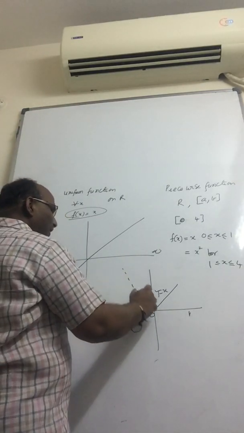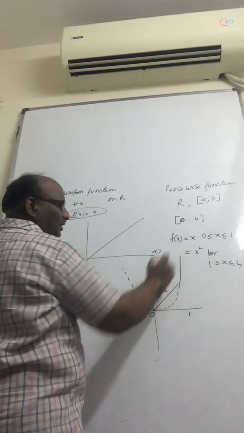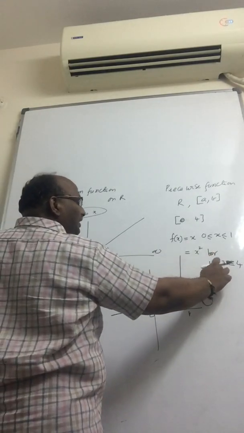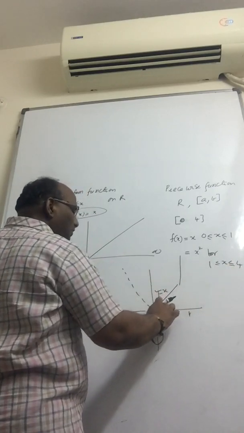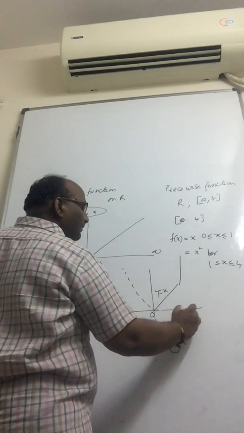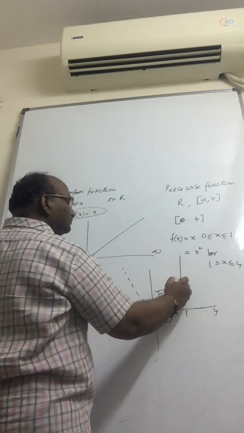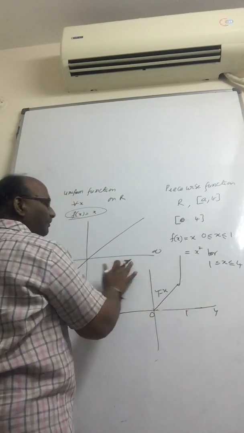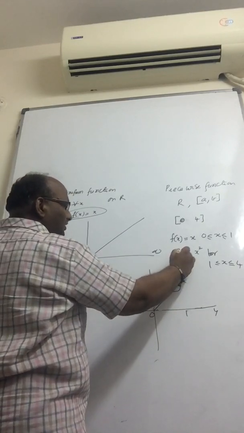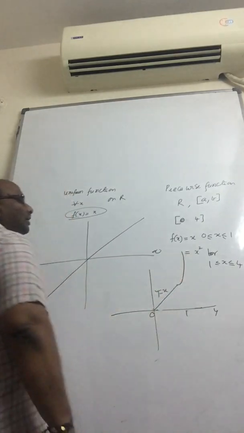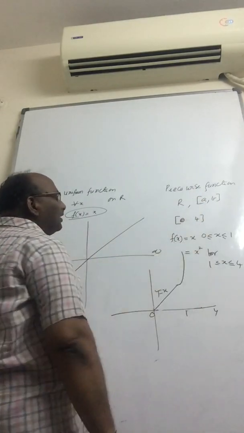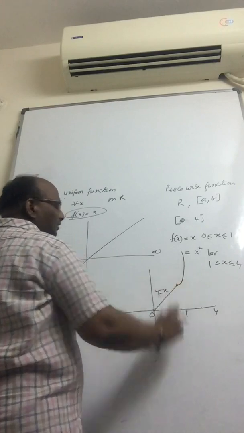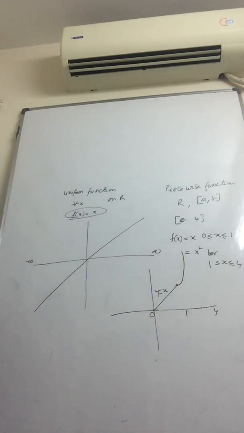The actual graph of x square is like this, but this graph is only for the values between 1 and 4. So here 1, somewhere 4. So I cannot consider this part of the graph. It represents a parabola like this. So for x equal to 1, here it is 1, here also 1. So this is how piecewise functions are defined.